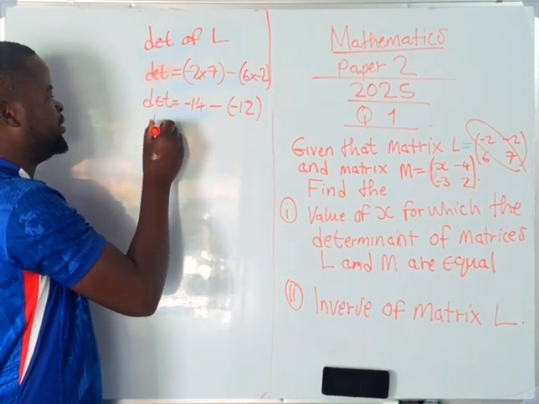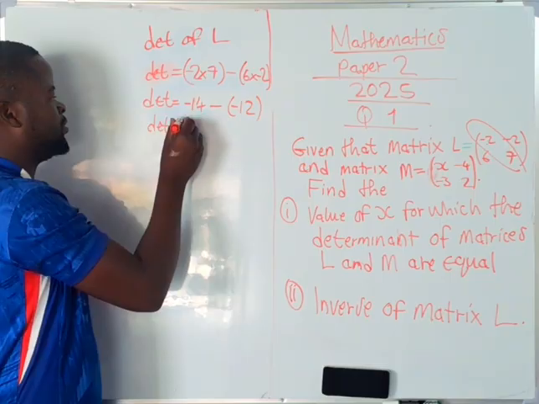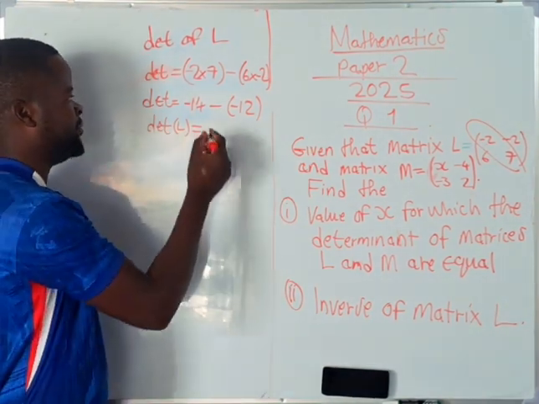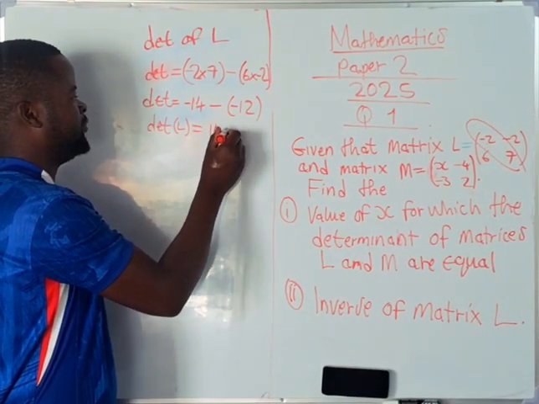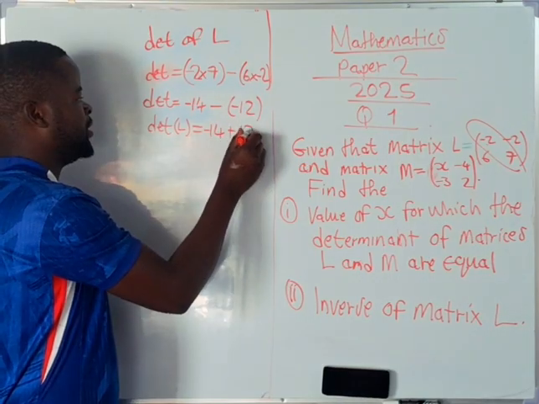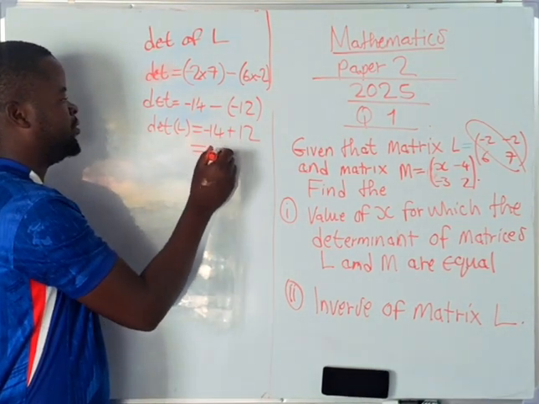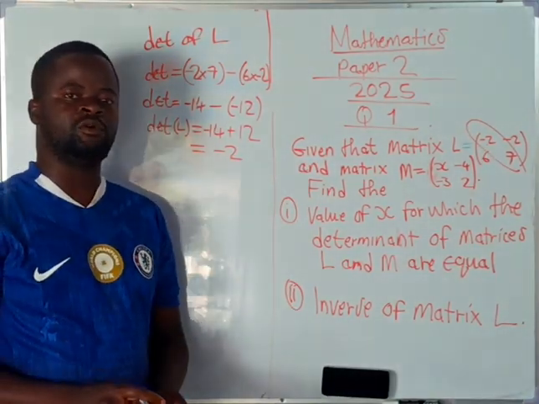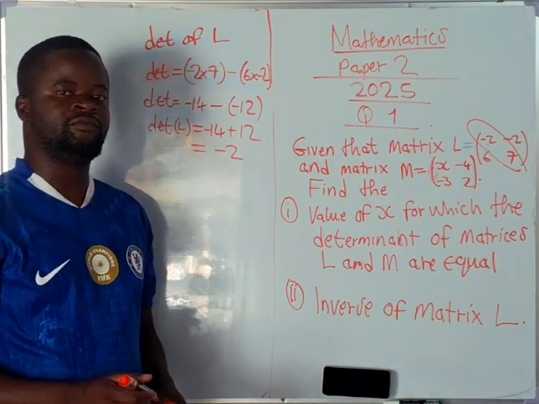Remember, we are finding first the determinant of matrix L so that we can equate it to matrix M. Negative times negative gives a positive, so this is -14 plus 12. The determinant of matrix L is -2. This is just the first step of our procedure leading us to find the value of x.